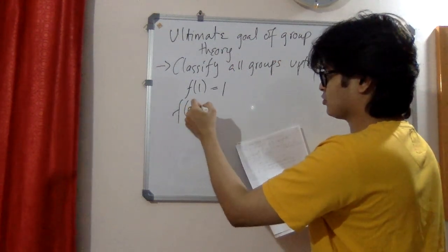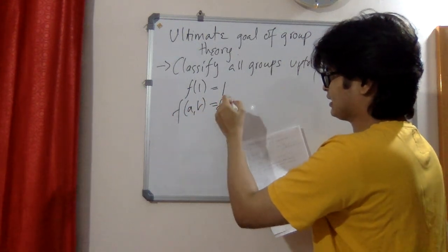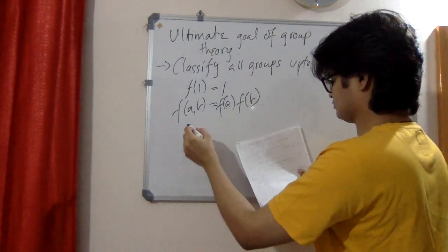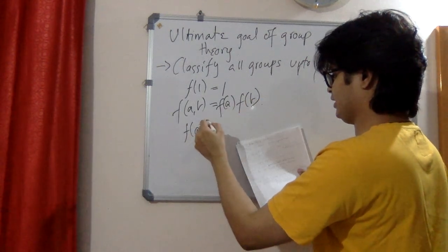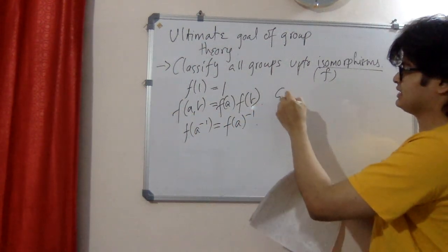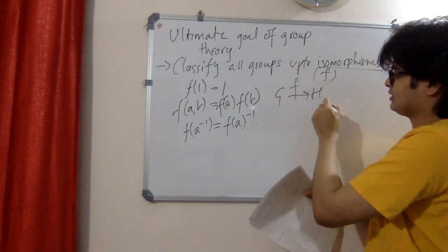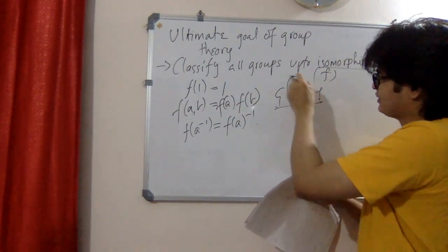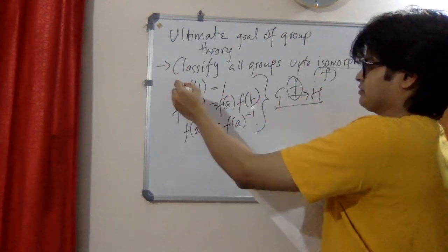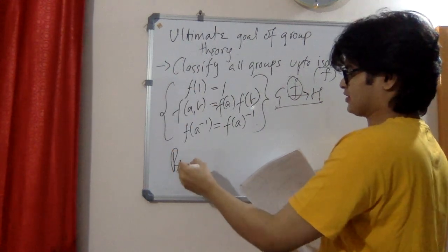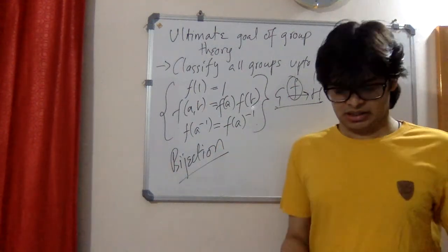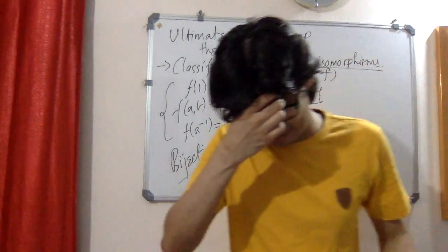The group operation is preserved. And inverse elements are mapped to the inverse elements. For example, G to H, where G and H are two groups, and f is an isomorphism between them. So these are the rules which are followed, which actually makes it a bijection and hence an isomorphism. So an isomorphism is a mapping which actually preserves the structure.